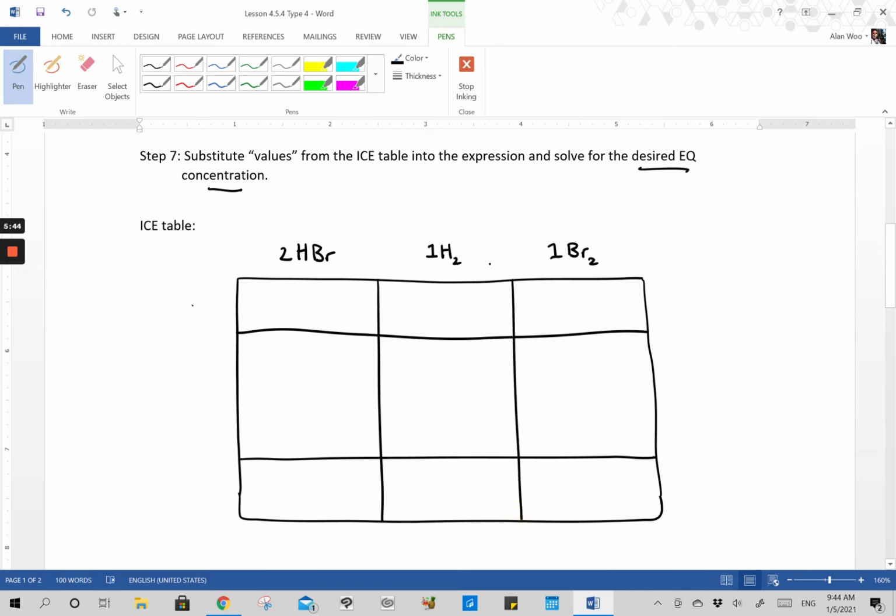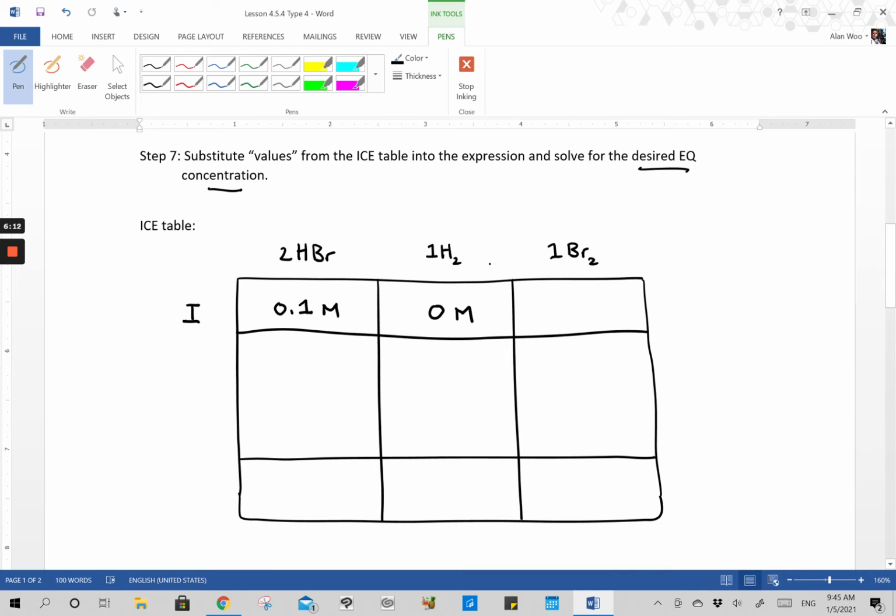All right, so we start off with the initial concentration, which is I. At the very beginning, we're given 0.1 molarity of HBr. Also at the beginning, your products, which are H2 and Br2, haven't been formed yet.